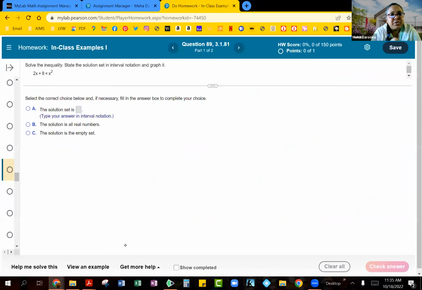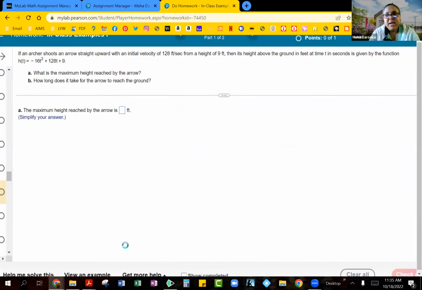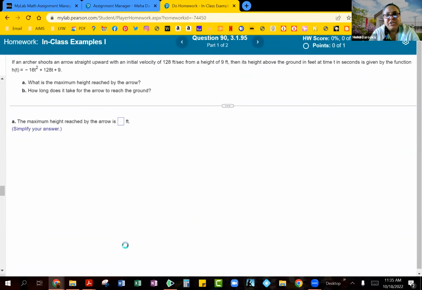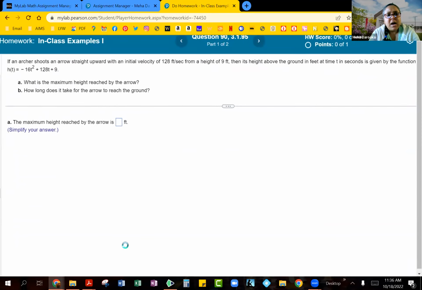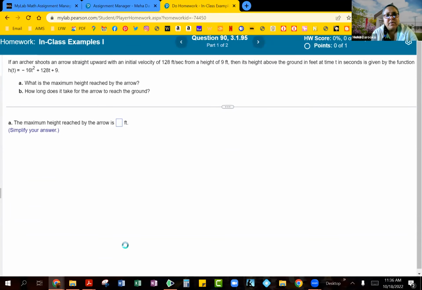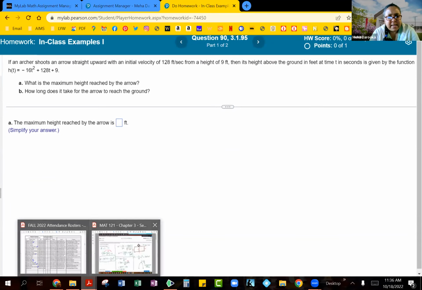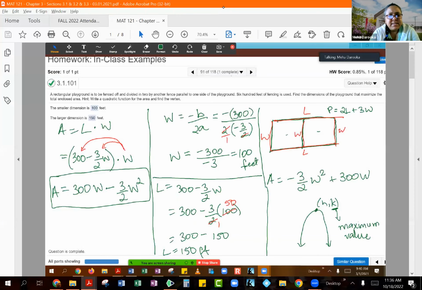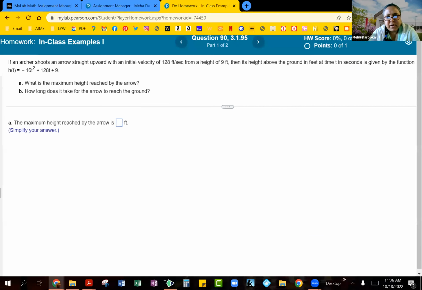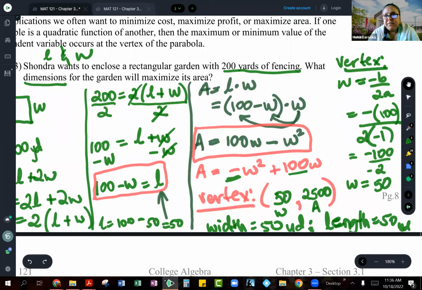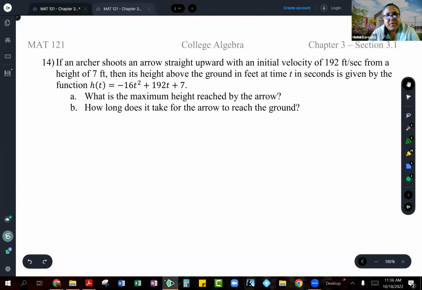Now, this question over here, which was number 14 in your handout, is talking about this archer who shoots an arrow, and it's very similar to this example over here.